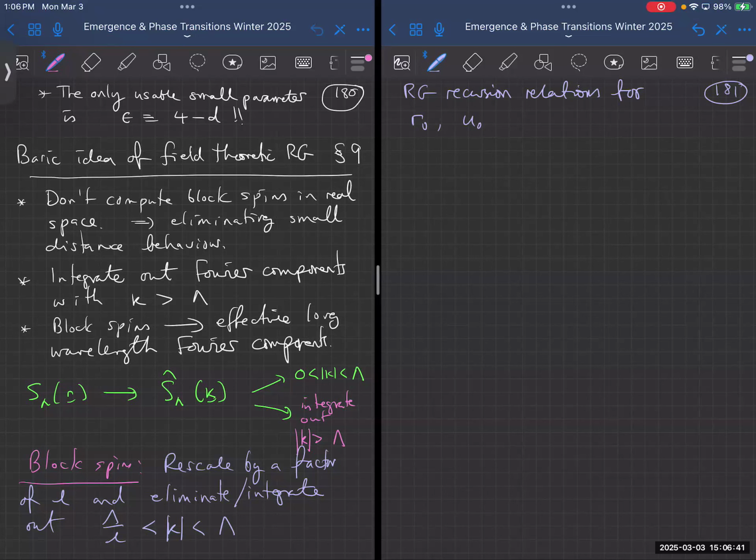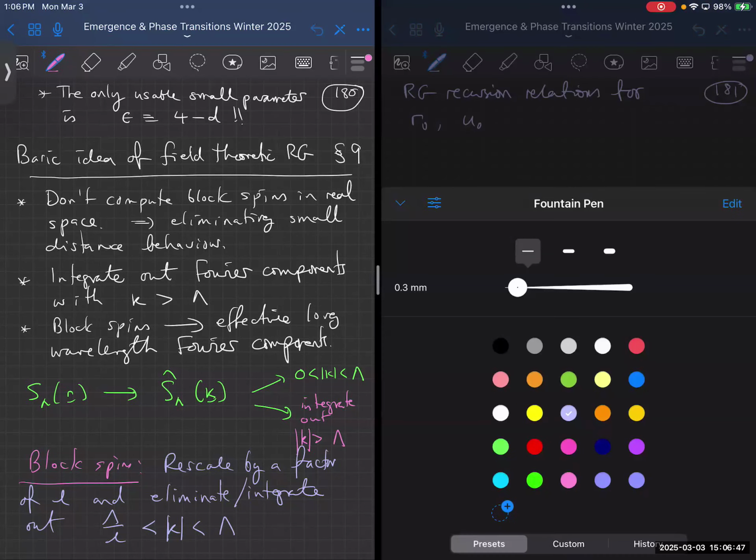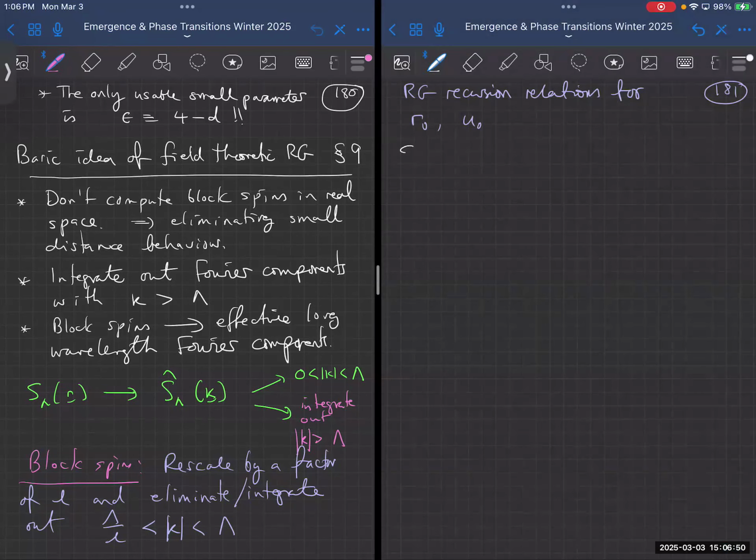Okay, so we've talked about that. Then I want to just repeat again about the epsilon expansion. So this was due to Wilson and Fisher, in a paper from 1972. Their paper was actually called Critical Phenomena in 3.99 Dimensions.